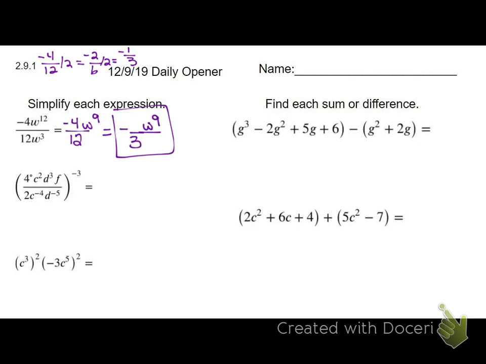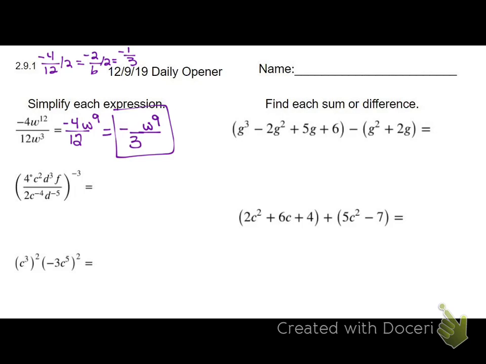Okay, I'm working my way on down here. So this next one, there's at least 3, maybe 4 rules we're going to have to follow. My first rule regarding exponents is that I'm going to have to do what? Robert?